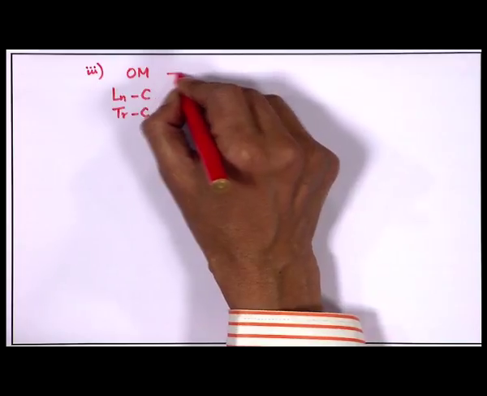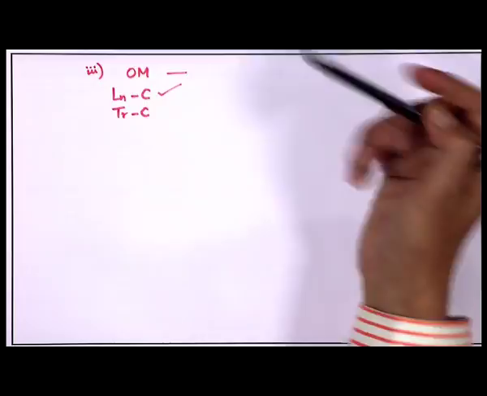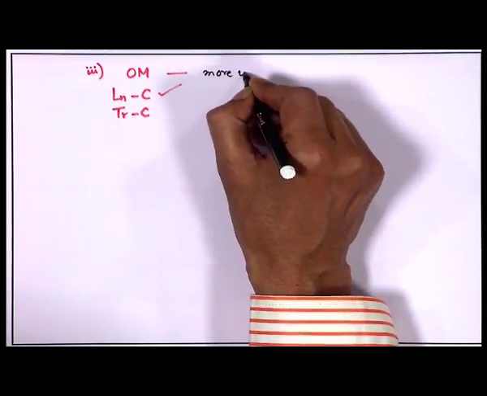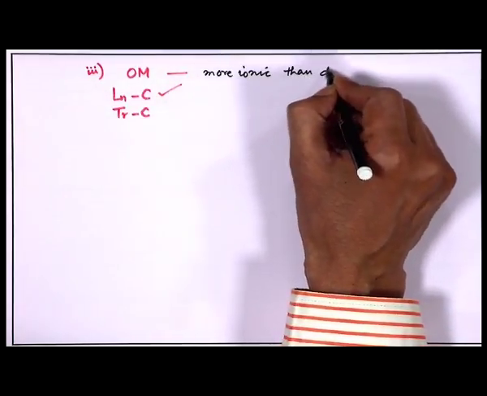In this particular case, for the lanthanum series, we can have compounds which are more ionic than the d block elements.